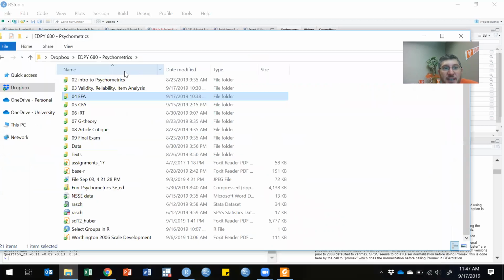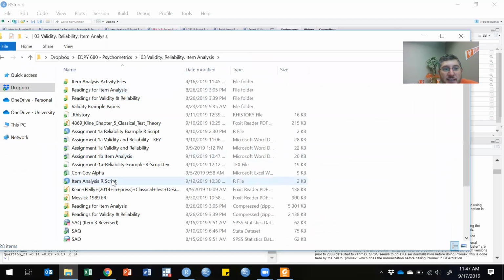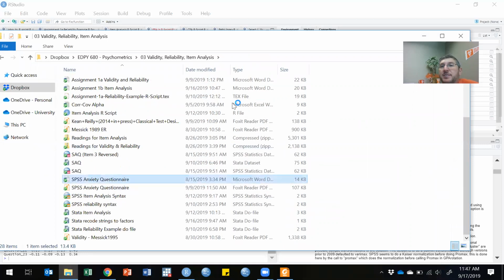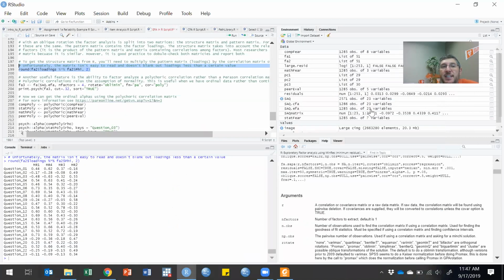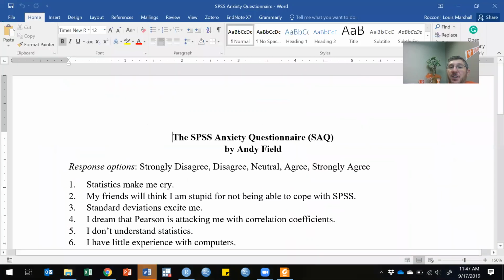So a useful thing to do when you have ordinal type data, which happens a lot when you're using survey data, is this: respondents are basically responding to whether they agree or disagree to a statement in this questionnaire.